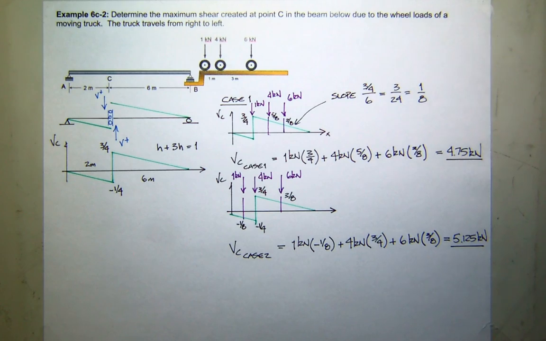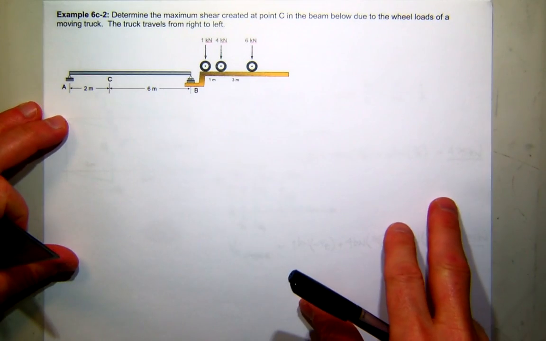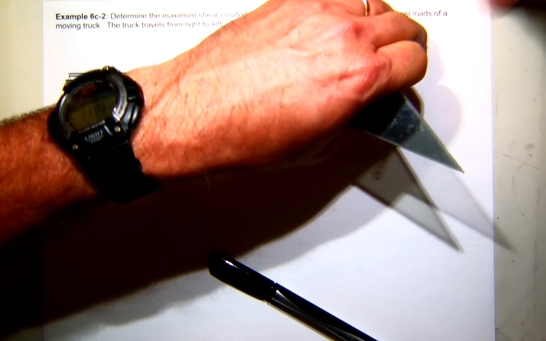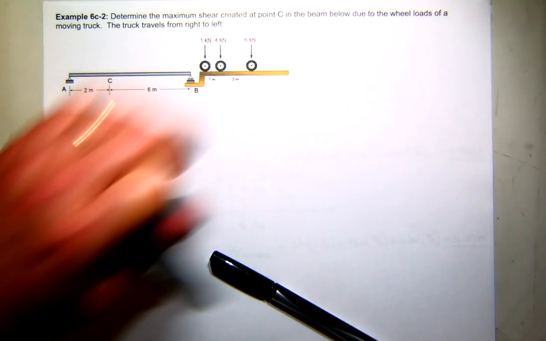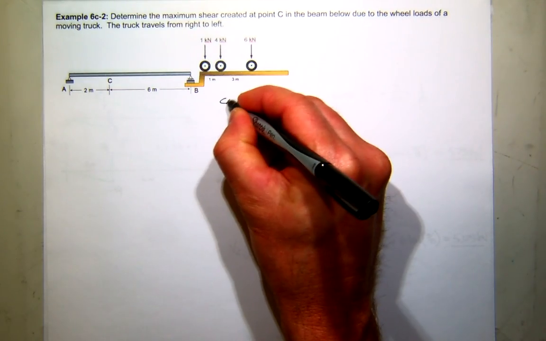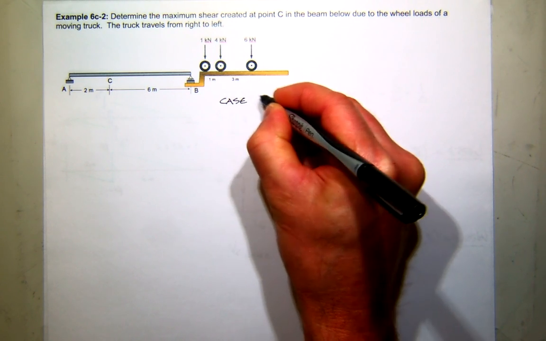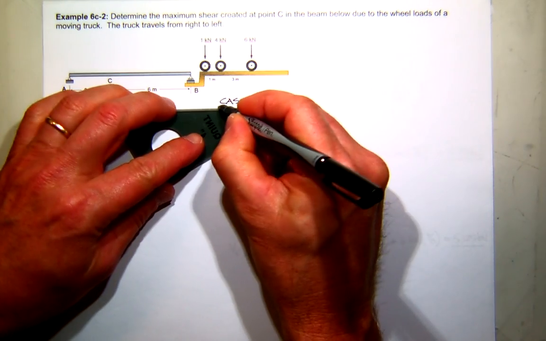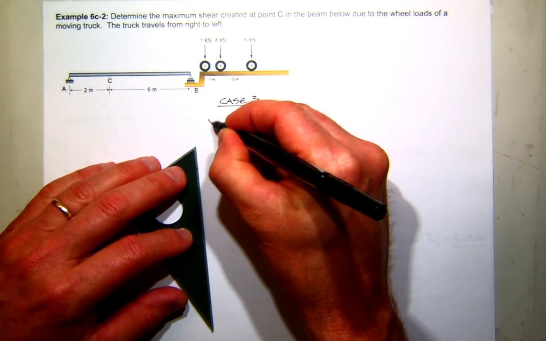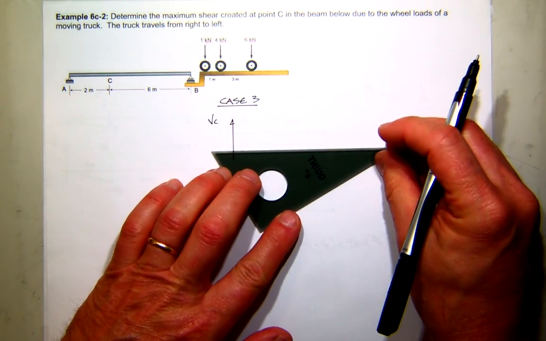Probably not. Let me drop this sheet over the top of it and we'll do case 3 real quick. So here's case 3. So we'll draw our influence line again.